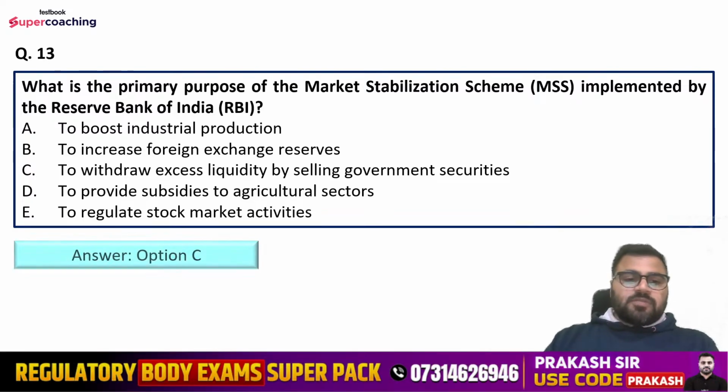So right answer is option number C, that is to withdraw excess liquidity by selling the government securities.